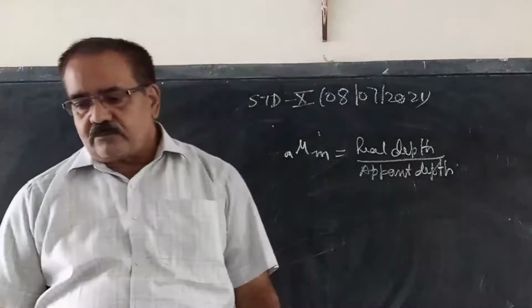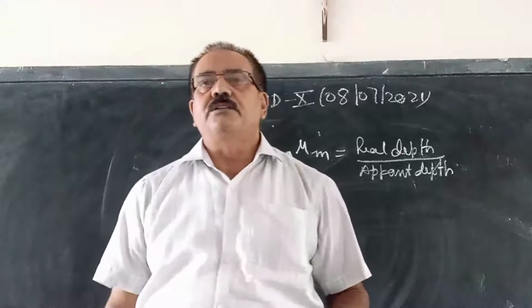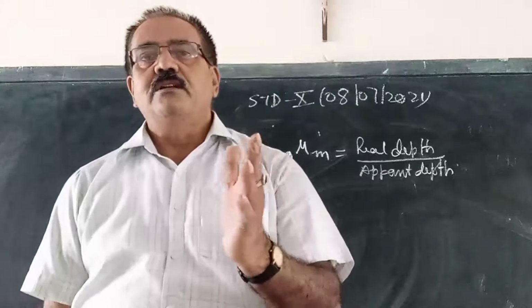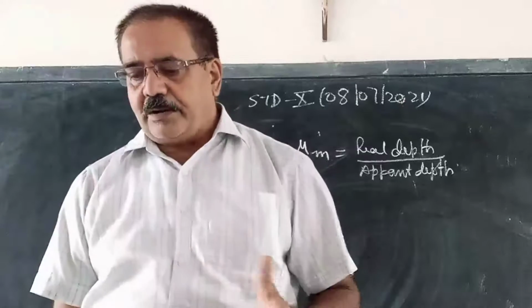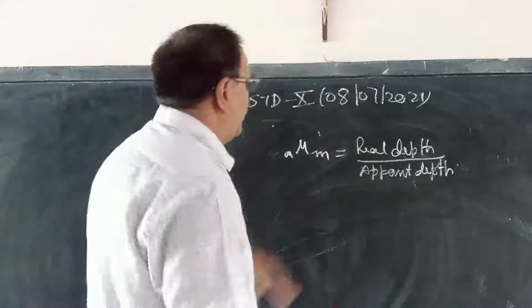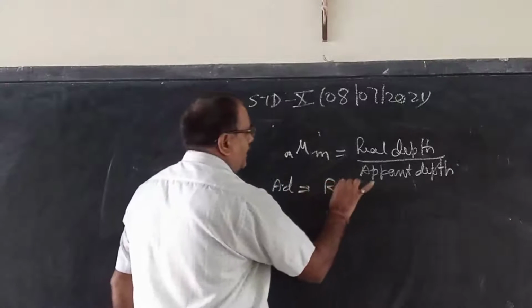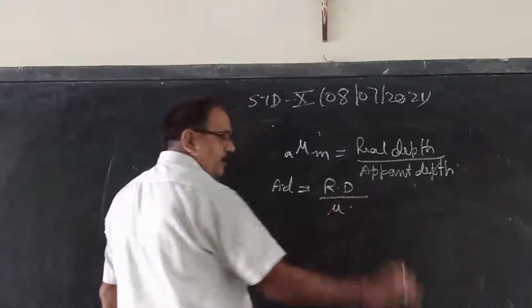Now, what are the factors of this shift? Shift means real depth minus apparent depth. From here we can write the apparent depth also. Now I am writing in short, real depth by mu.